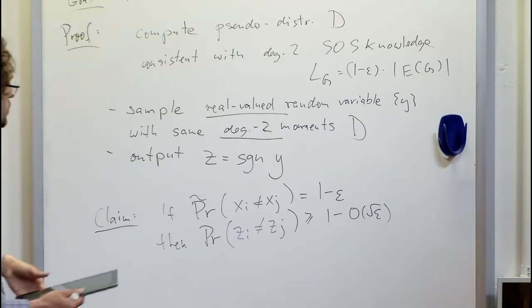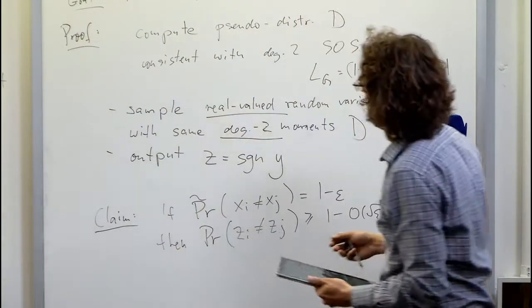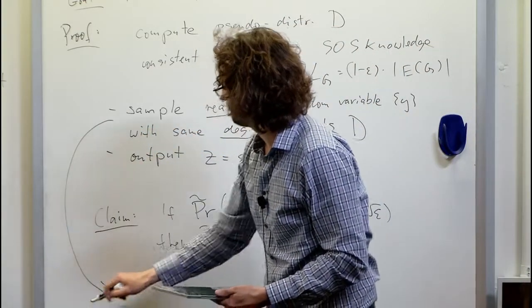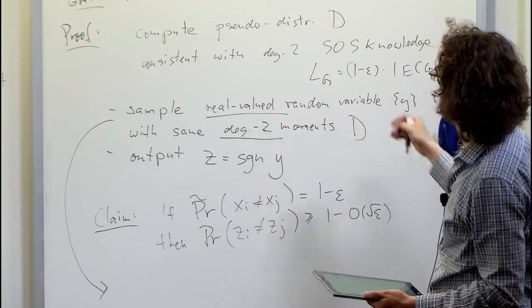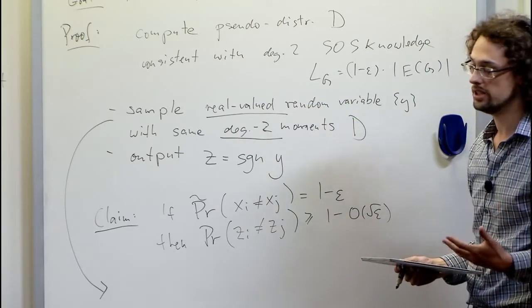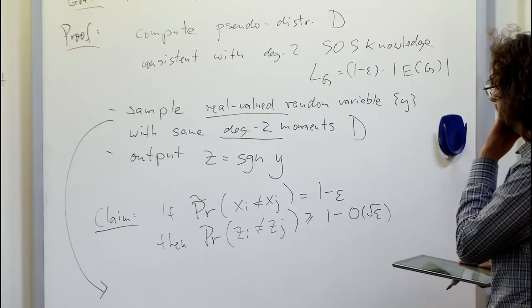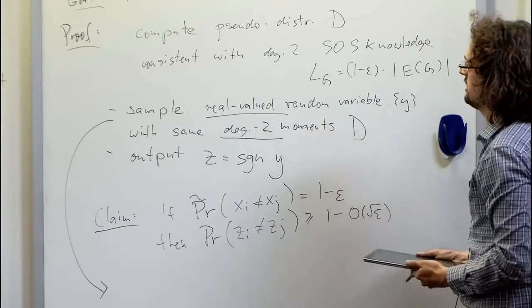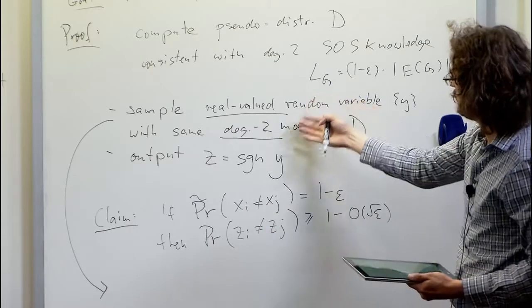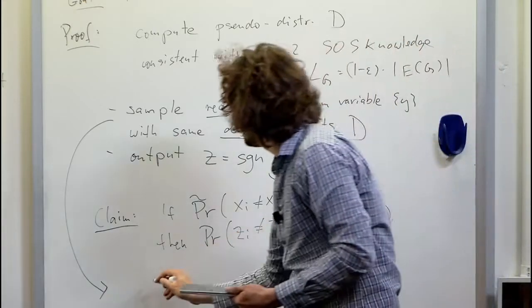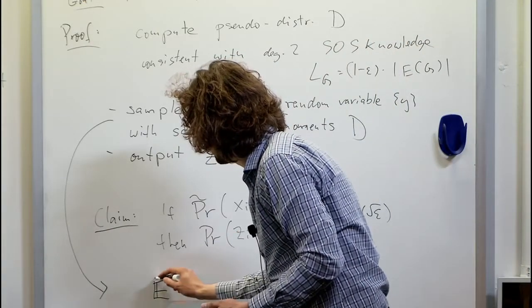Now what's one step that is not so clear at this point? Why can we sample a real valued random variable that has the same degree 2 moments as this pseudo distribution D? What we'll do is sample a Gaussian variable, where we compute the degree 2, let's say the covariance of D. Okay, so what does the covariance mean?